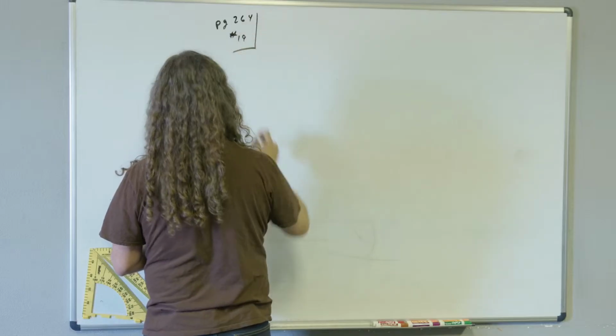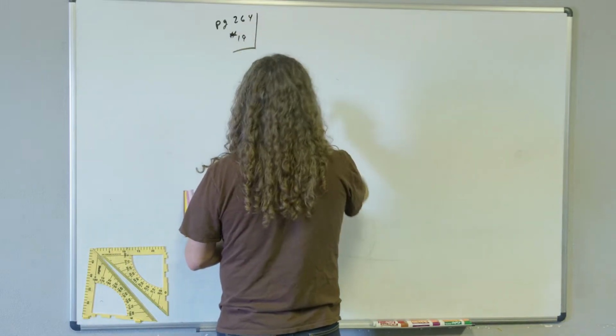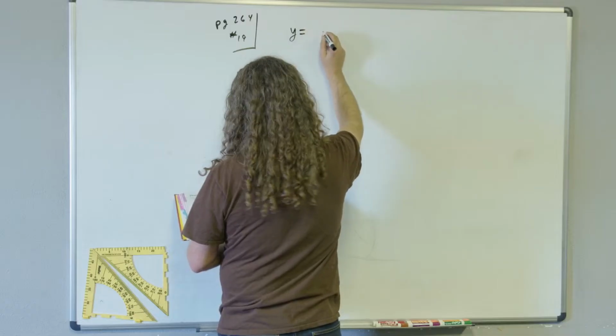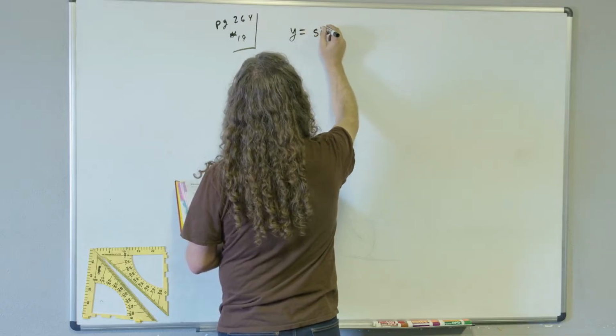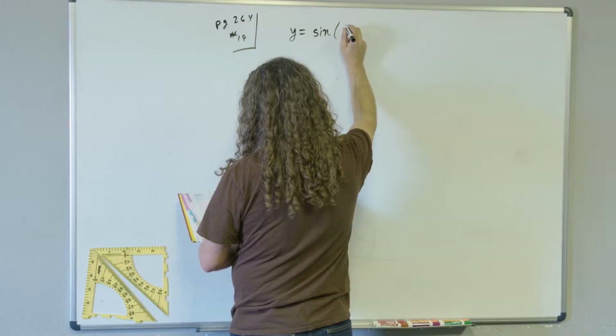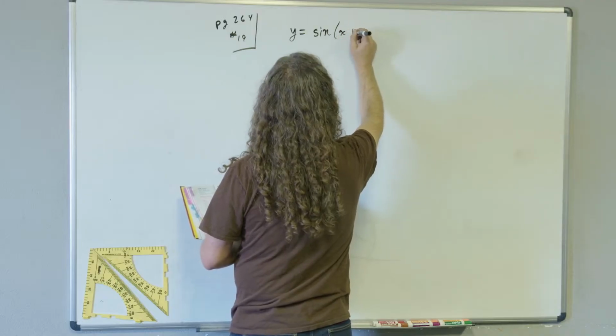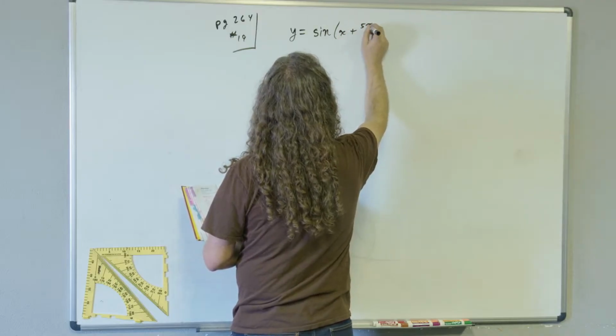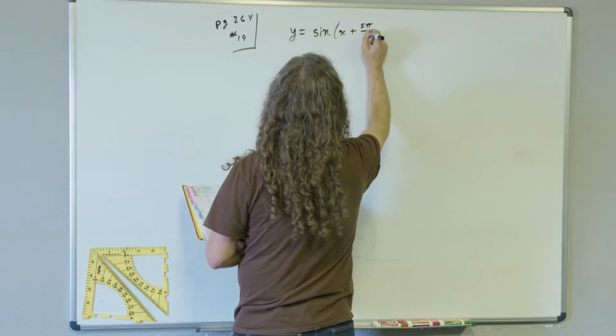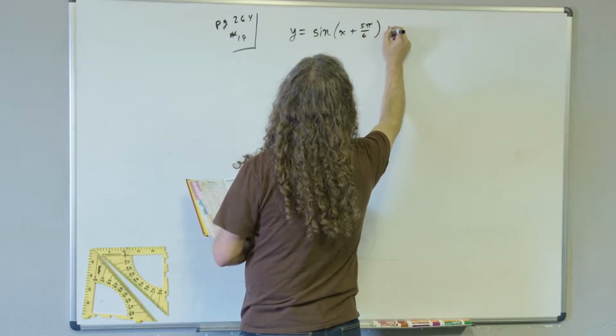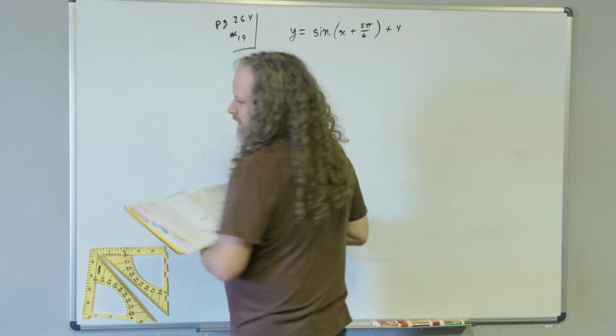There is no amplitude. Y equals the sine of x plus 5 pi over 6, plus 4.